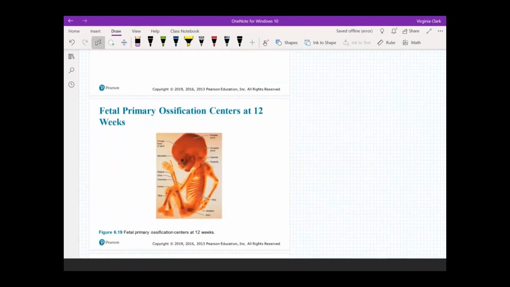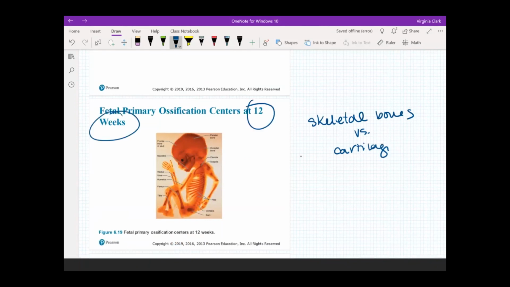This is a really cool image to show you the skeletal bones versus the cartilage. This is week 10. At week 9, you were starting to ossify and replace the cartilage across all of your bones.